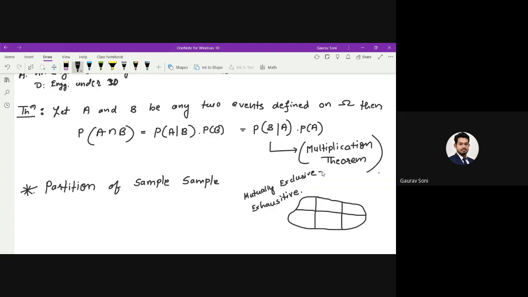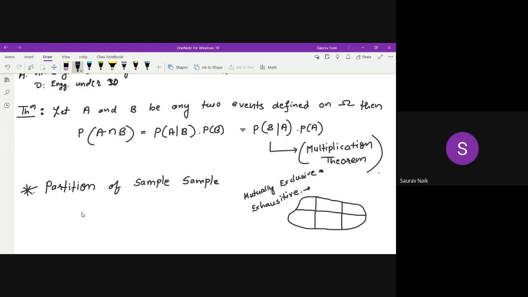They don't have anything in common, the first condition. The next condition is exhaustive. Which events are exhaustive events? Their union is the sample space.